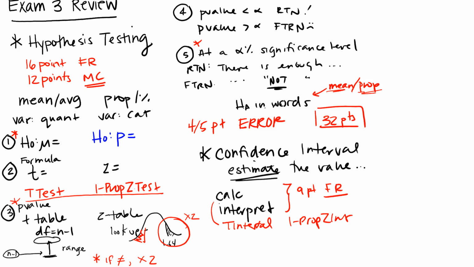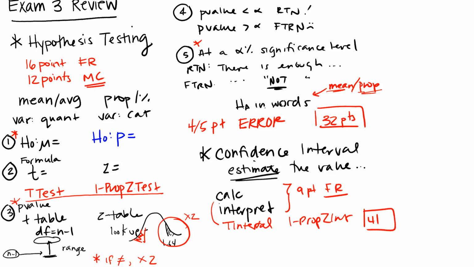Same thing when you interpret your confidence interval. You definitely want to talk about the parameter of interest. That was a common mistake I saw with the worksheet in last class, with people just talking about the amount of time people are going to keep their car instead of the average amount of time people are going to keep their car. So those are the two. That's 9 more points. So now we're up to 41 points.